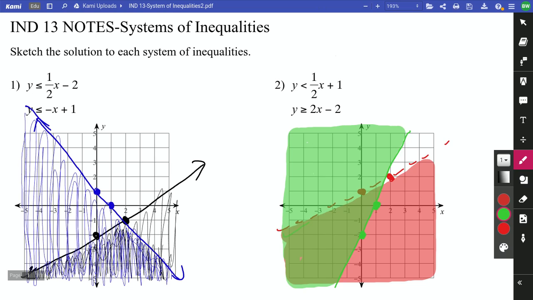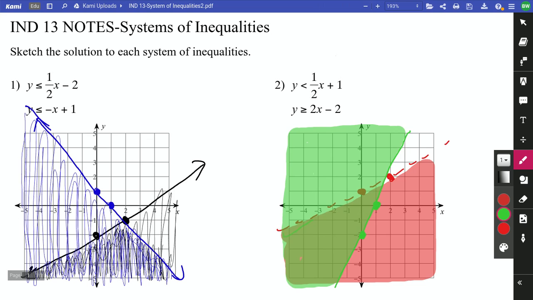This area right here. Try to outline it, but that's not working very well. But you can see the area that's darker where the overlap is. Okay, so that's that one.